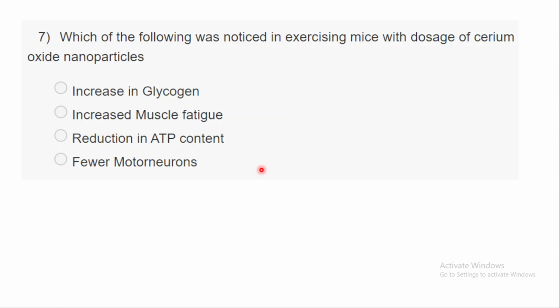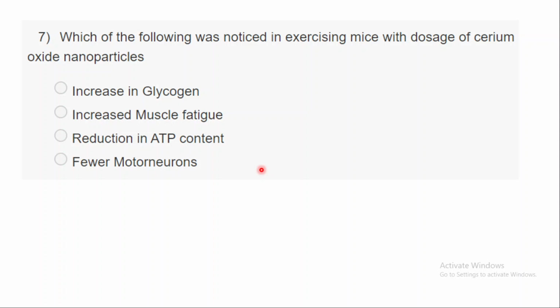Which of the following was noticed in exercising mice with a dosage of cerium oxide nanoparticles? Option A, increase in glycogen. Option B, increased muscle fatigue. Option C, reduction in ATP content. And option D, fewer motor neurons.